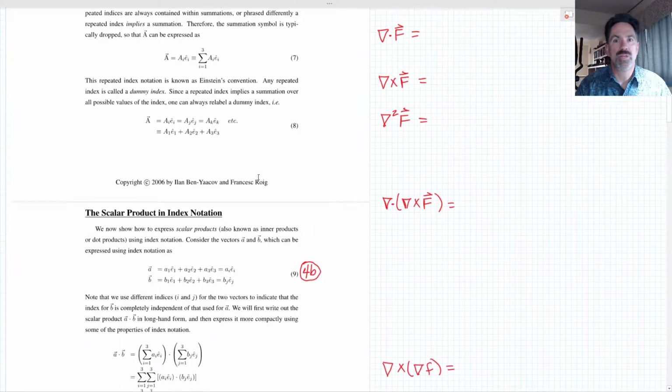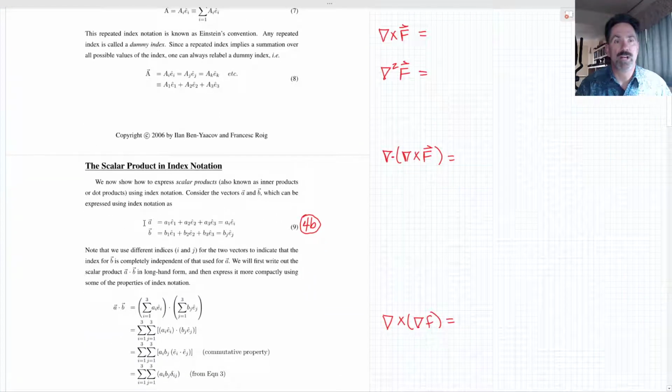And so we see that very clearly right here. And this was not something that we emphasized, but actually turns out to be important when we're trying to use Einstein's summation notation. That vector is represented this way. So you see that we have a repeated index, which is the subscript i.